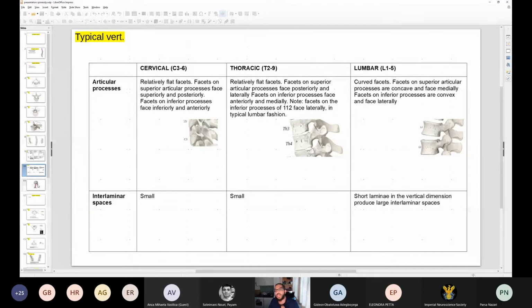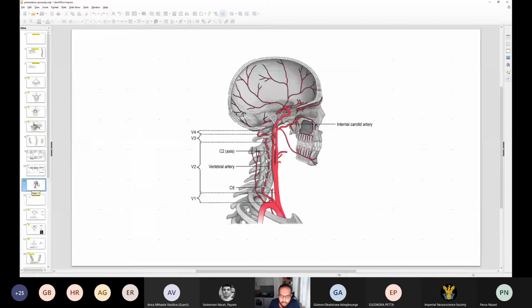This image is just here to show you the vertebral artery passing through the transverse processes of the cervical vertebrae, and to show you that the very first transverse process it passes through is the C6 vertebra and not C7.